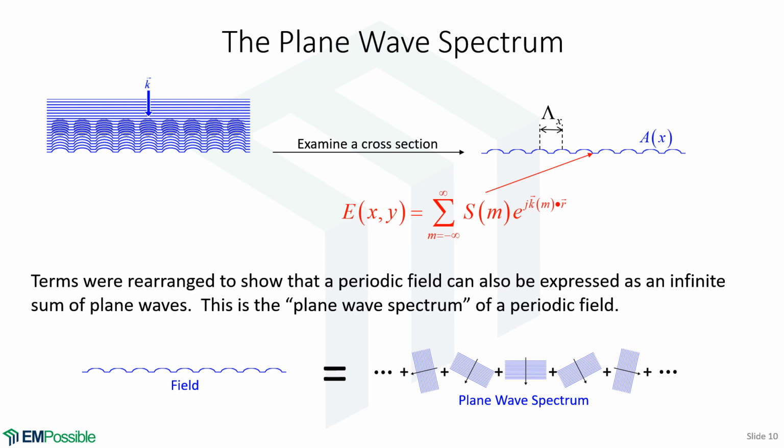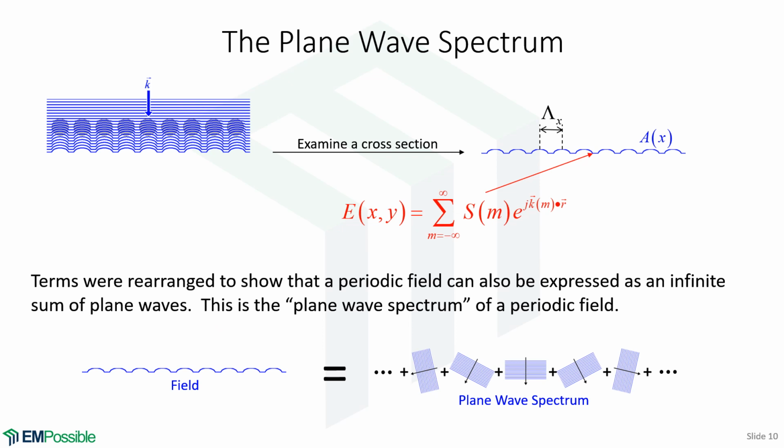In fact, I could go into a lab, I could set up a bunch of antennas that emit waves and orient the antennas to reconstruct these angles, and maybe I dial in the amplitude and phase of each one of those. And if I pointed them at a common region, I did all the angles correctly, in that region where they all overlap, I would reconstruct any periodic field that I wanted to.